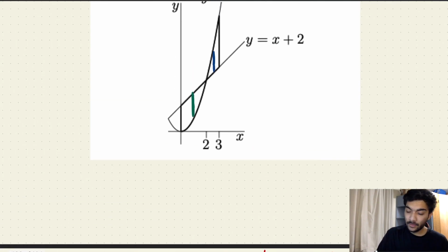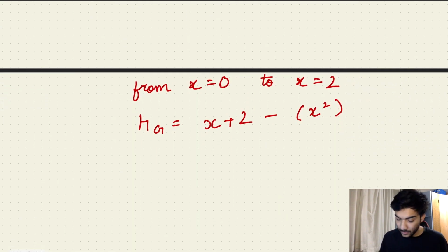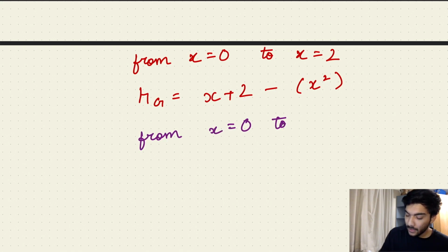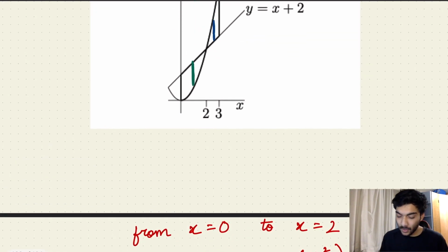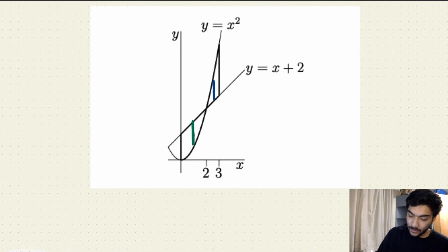But from x equals 2 to x equals 3, using a different color, the height of a blue strip would be x square minus x minus 2, because the upper y value is based on the parabolic function and the lower y value is based on the line function.